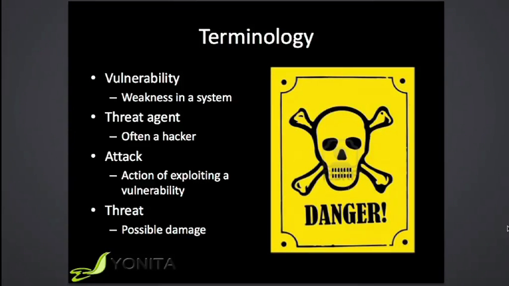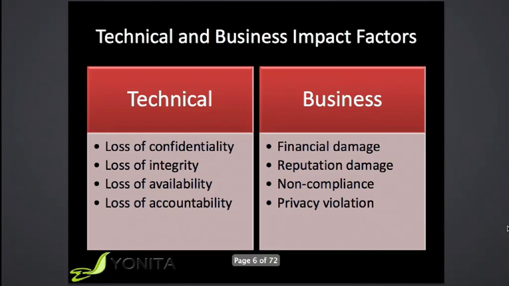This weakness might be exploited by a hacker. In terms of OWASP, hacker is often called threat agent. And the threat is a possible damage which is caused by exploiting a vulnerability.